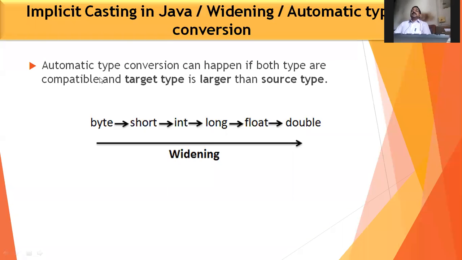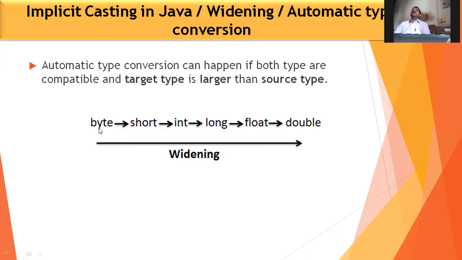See here, this is implicit casting. Implicit type conversion can happen if both types are compatible and the target type is larger than the source type. In our example, byte can be converted to short, short to integer, integer to long, long to float, and float to double. This is done as widening.